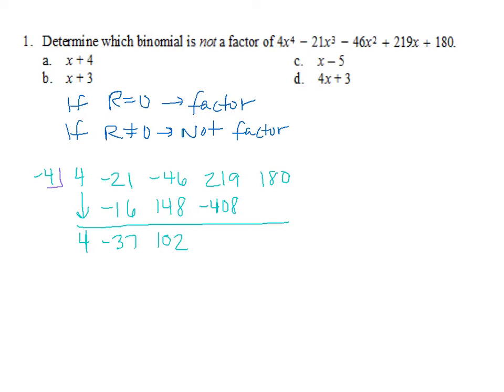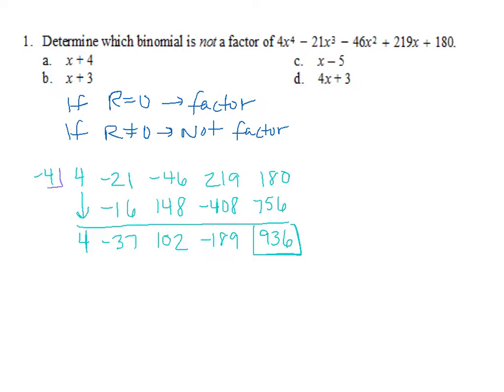Sorry, I'm trying to punch this into my calculator. That's negative 189. I multiply that times negative 4, and I get 756. And then if I add that to my 180, I get 936. So my remainder is 936.